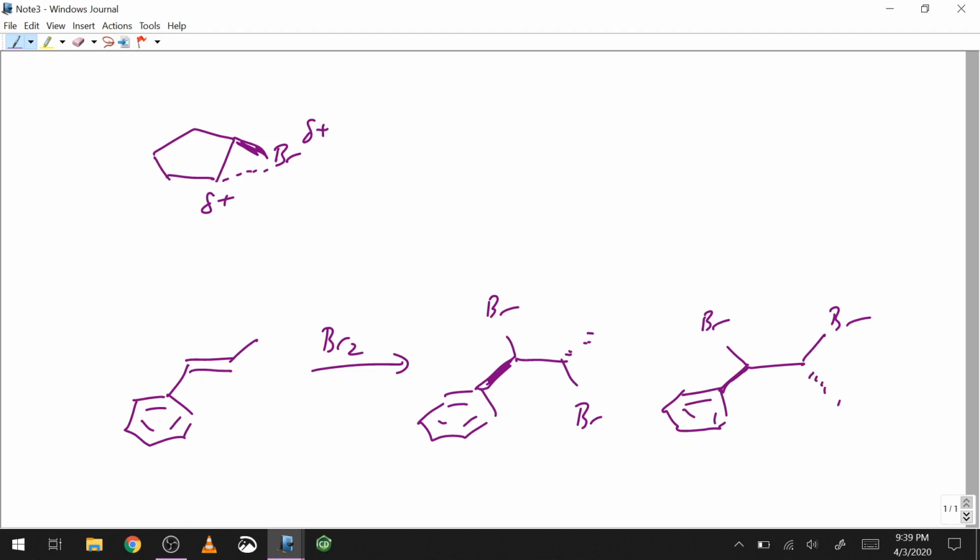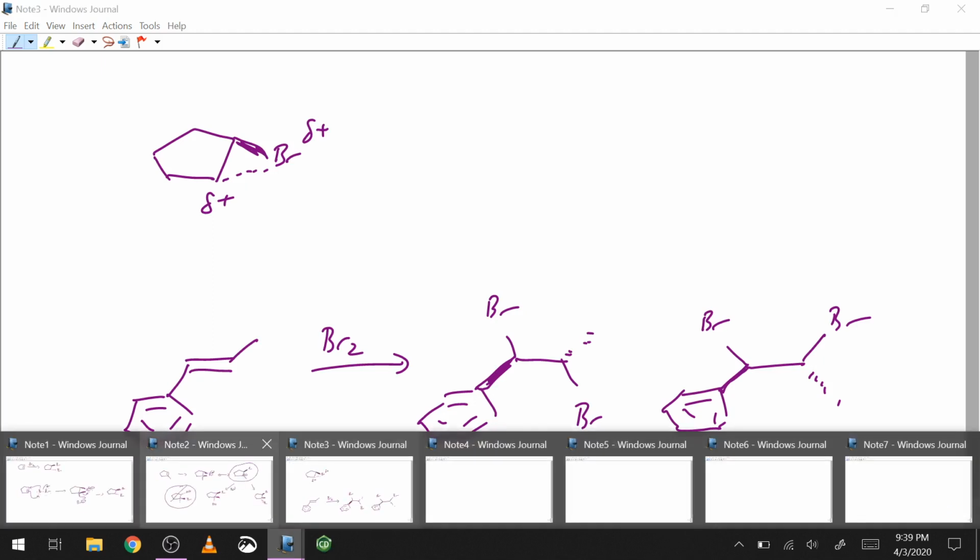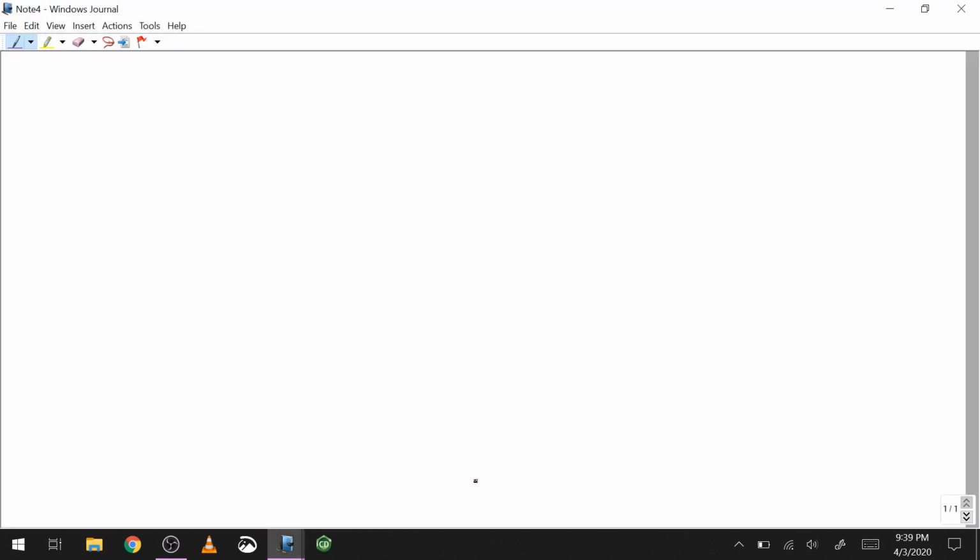That's the only way I'm getting approach that's not anti, is if I have a cation on the carbon. Well, why would I say that that's possibly going to be the case here? Well, let's have a look. If I had the original bromonium ion from that particular example, I would have something like this, with my aromatic ring off to the left.